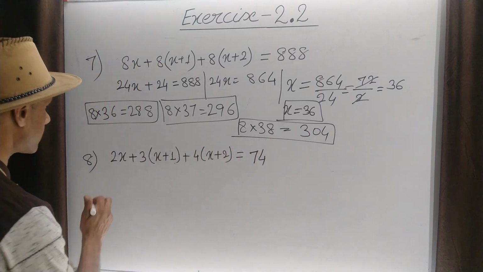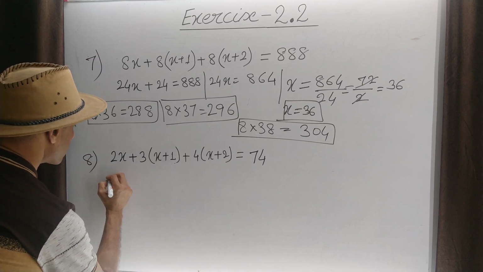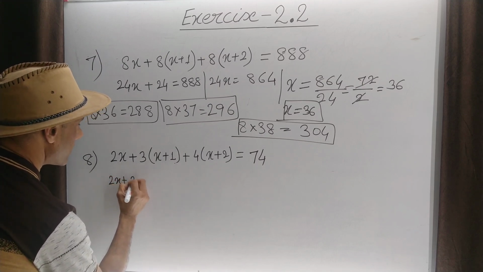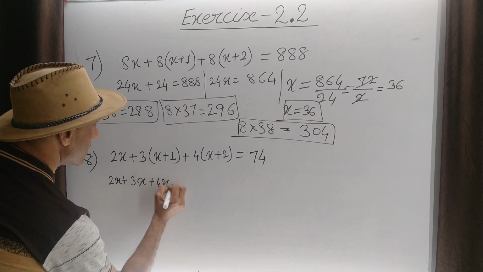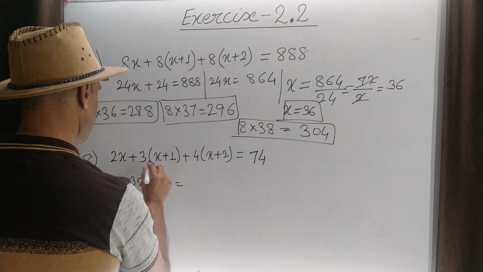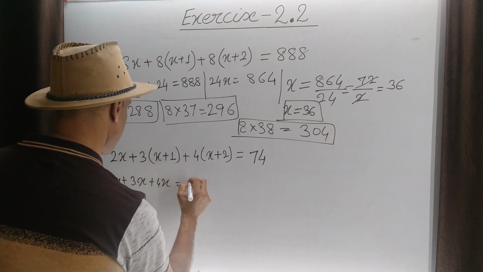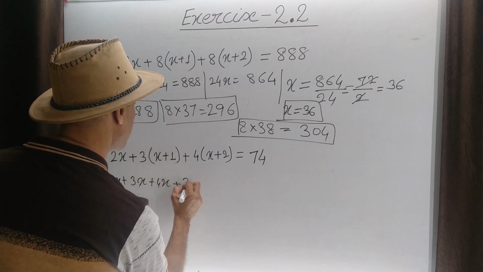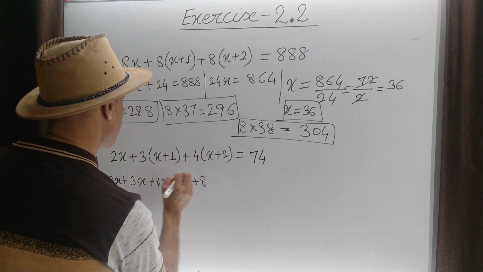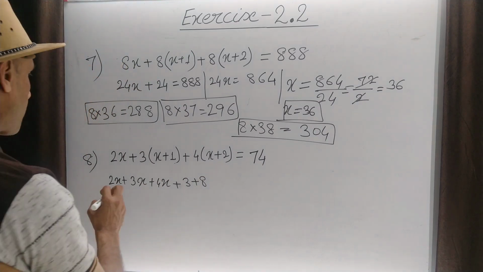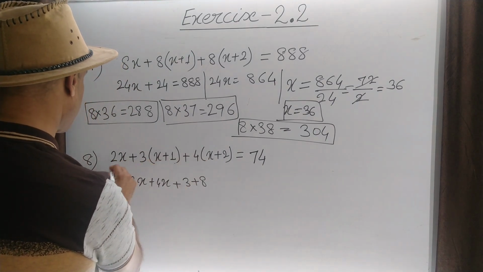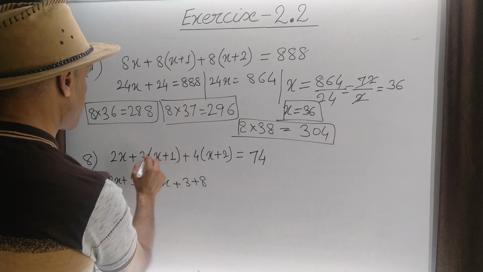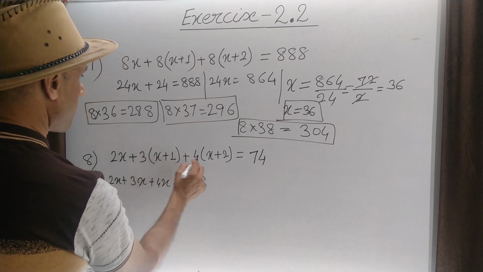So let's solve this. This becomes 2x plus 3x plus 4x, plus we'll take 3 plus 8, is equal to 74. We get 2x, 3x, 4x add up to 9x, and this is 3 and this is 8.